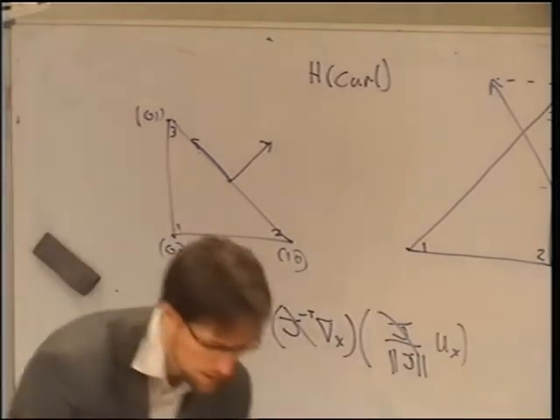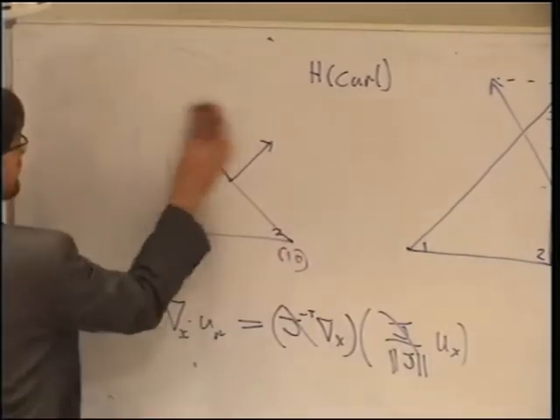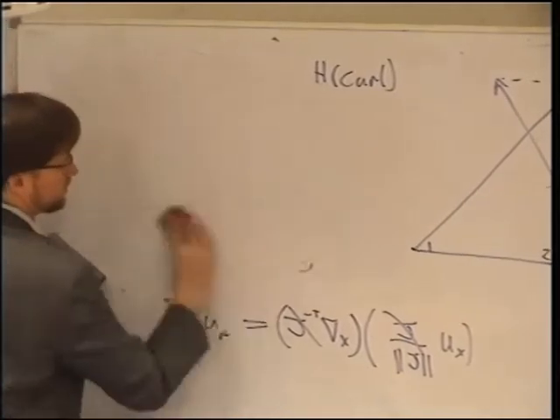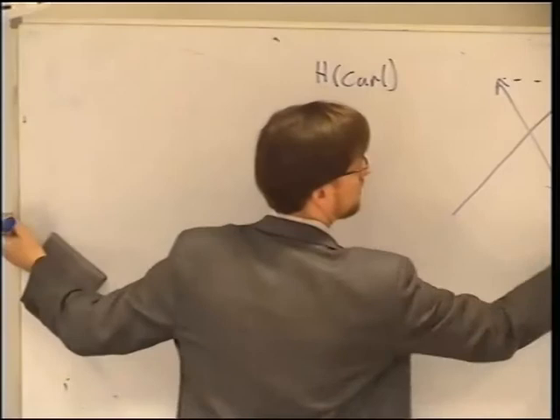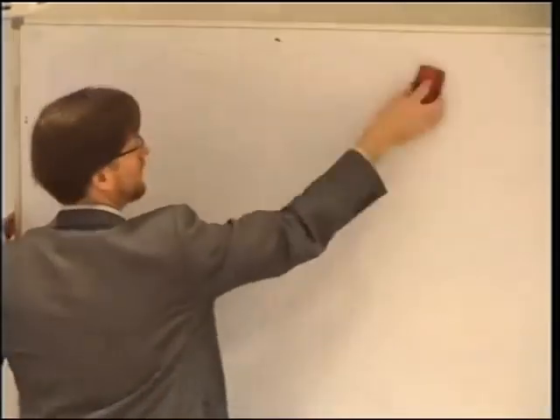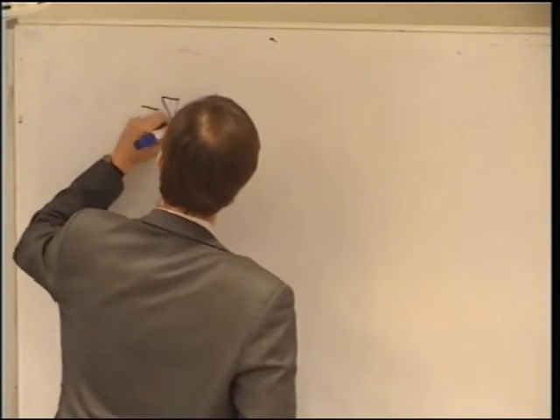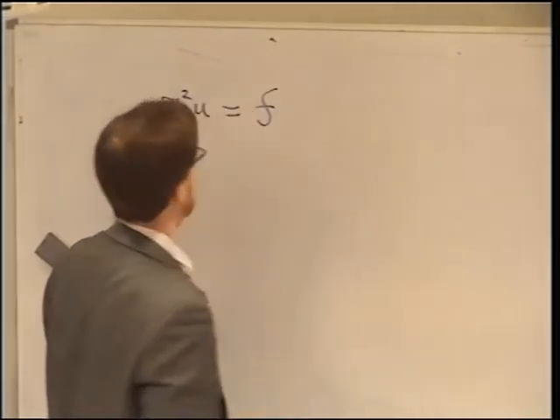So I'm going to do the classical thing, which is I'm going to go back to our favorite problem that we started with right at the beginning of the course, and we're going to say minus the second derivative of our function is equal to some known function on the right hand side.